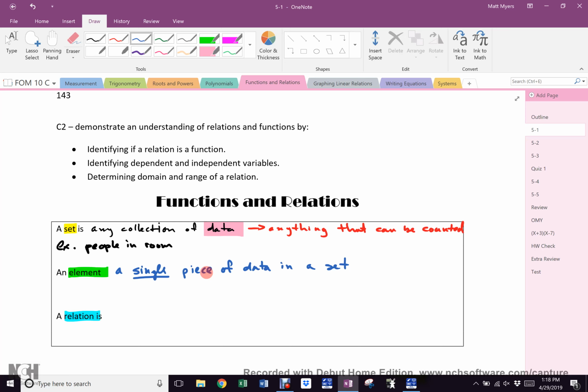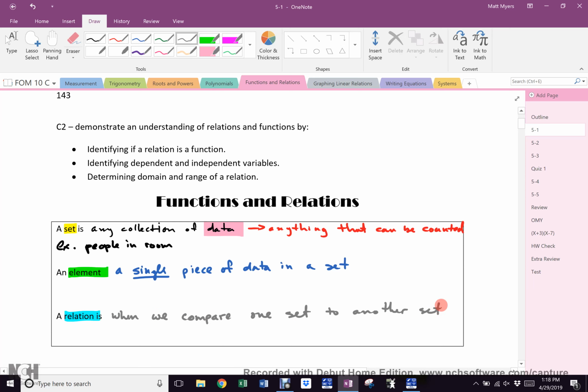We all understand it, yeah? If you can count it, it's a set. Each thing in that set is an element. Everybody cool? Okay. A relation is when we compare one set to another set.